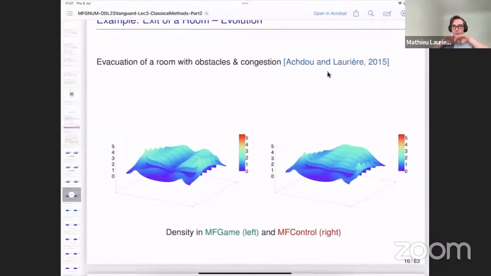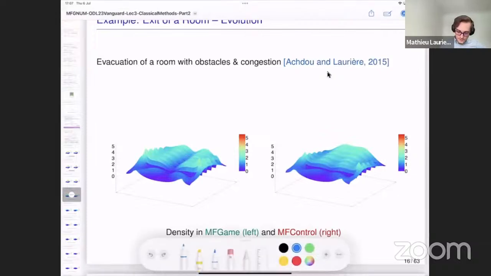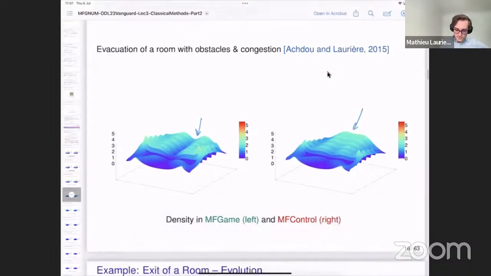You see that there are fewer people at the center and more people towards the side, and you see that here for mean field game, it decreases pretty quickly at the center. For mean field control, not so quickly, right? So it looks like mean field control is not doing very well because after all, people want to exit the room. So if they keep waiting, they are not going to exit the room.